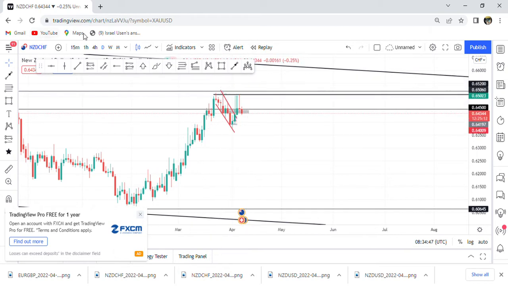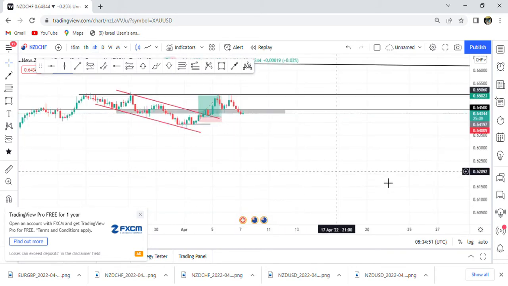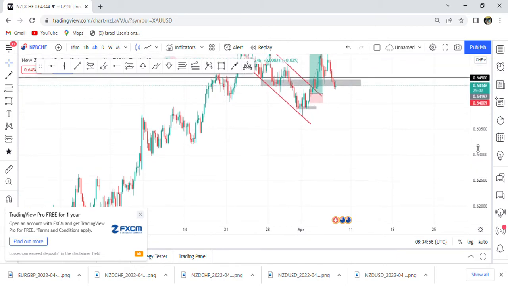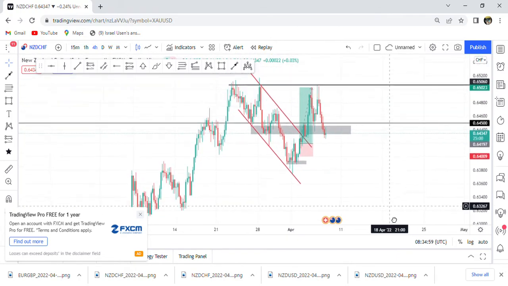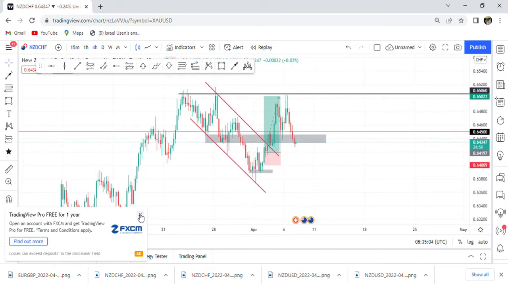The 4 hour time frame made me see clearly what was happening in the charts. Now this is a bullish flag pattern in the 4 hour time frame. We came down.